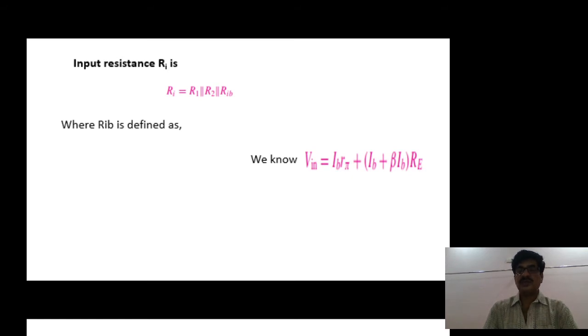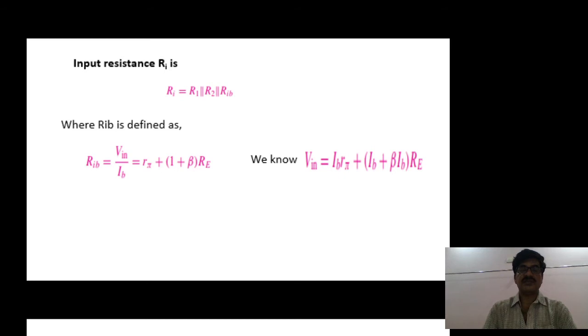If you simplify this equation, taking IB as common, the numerator IB and denominator IB cancel, hence RIB becomes r pi plus (1 plus beta) times RE.